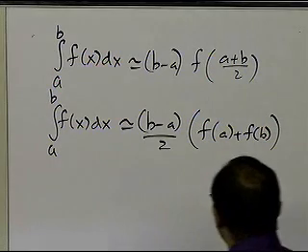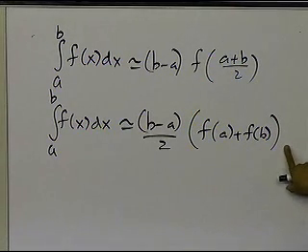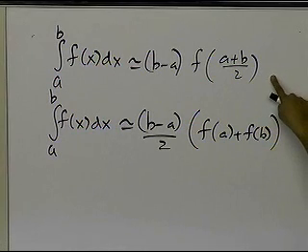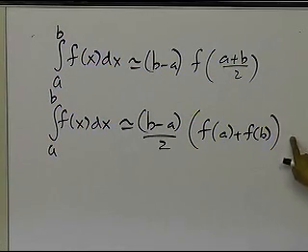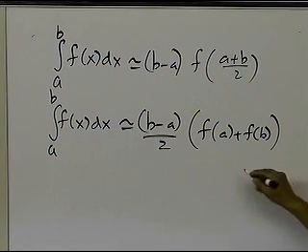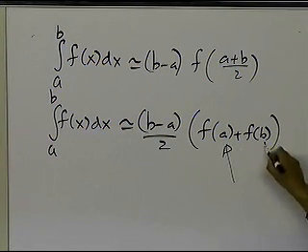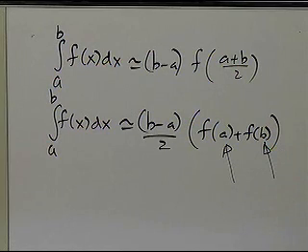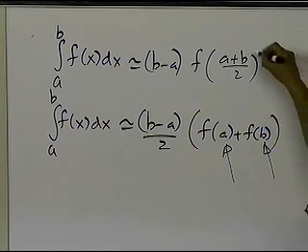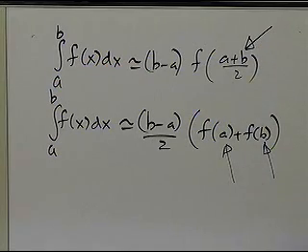So this will give you the exact value for an integral of a straight line, and this will too. But what is the difference between the two? The difference is that you have to calculate the value of the function at 2 different arguments. That's where most of the computation time is spent whenever you do integration. And here you have to do it only in one place.